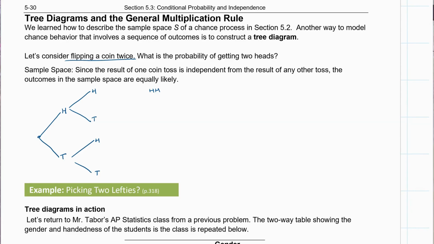Head, head is a possible outcome. Head, tail is a possible outcome. Tail, head is an outcome, and tail, tail is an outcome. Now, since each one of these events is equally likely, the probability of head-head would have to be 0.25. Each of these has probability 0.25.